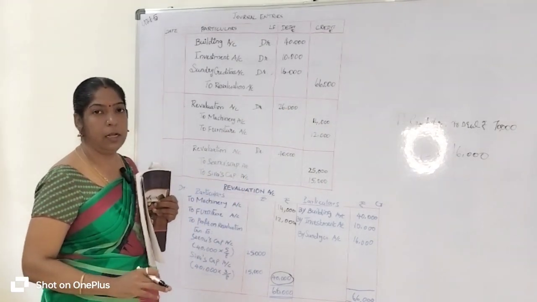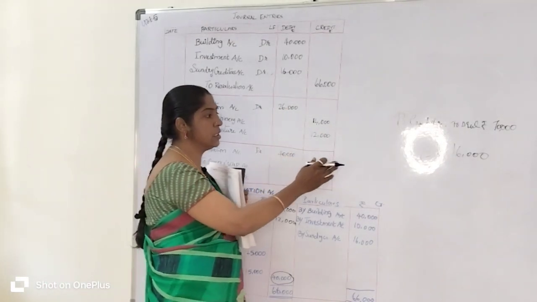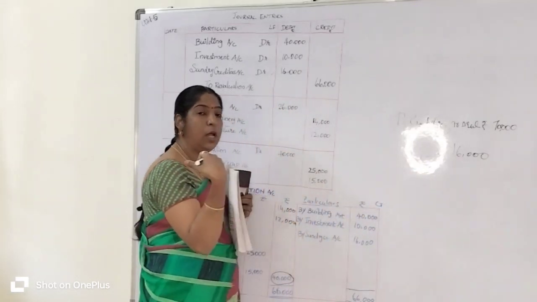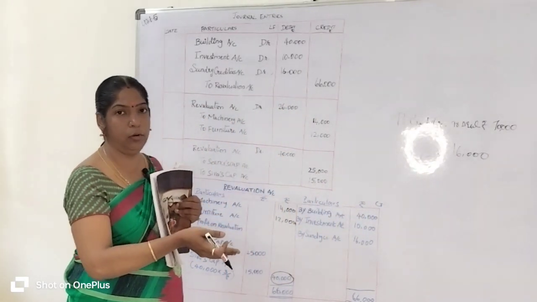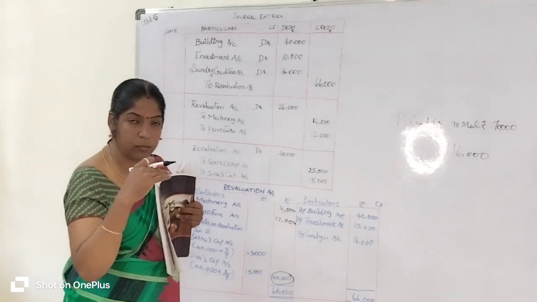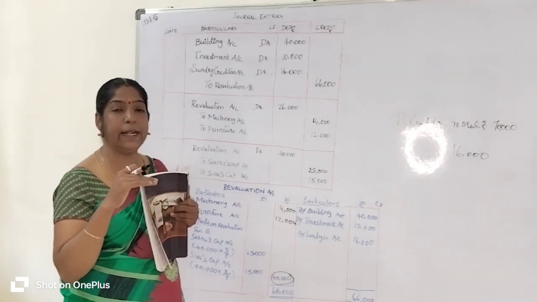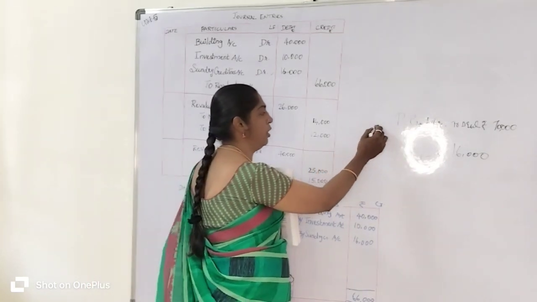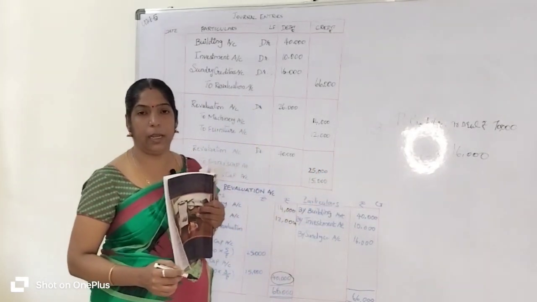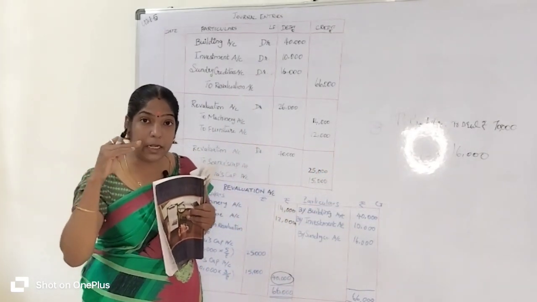Got it? Listen. Sundry creditors: 16,000 rupees worth of damaged goods you returned back to Arul. So 16,000 rupees reduced, write off sundry creditors 16,000 rupees. I will explain with an example. So your liability reduced.